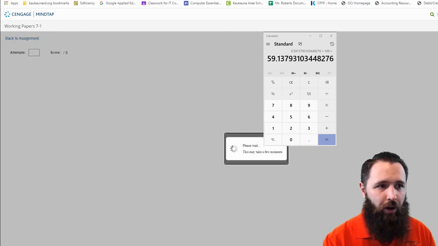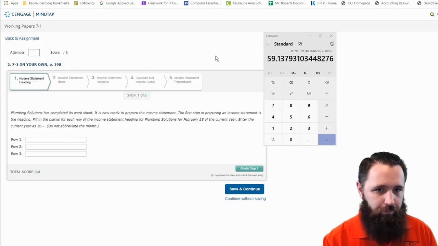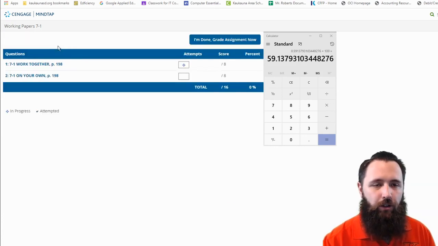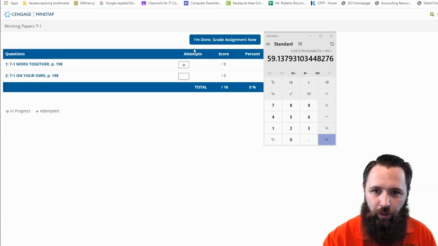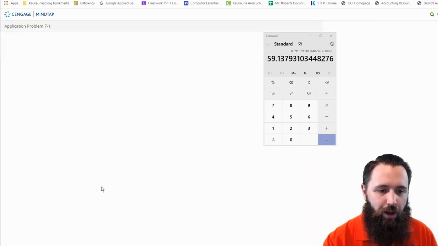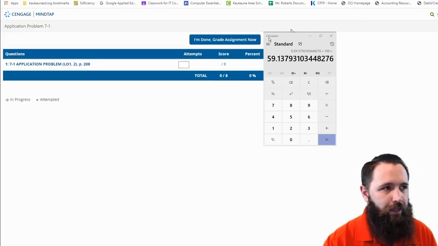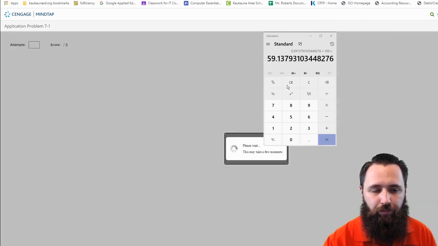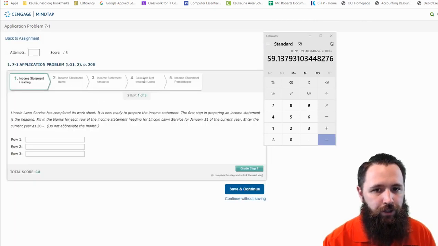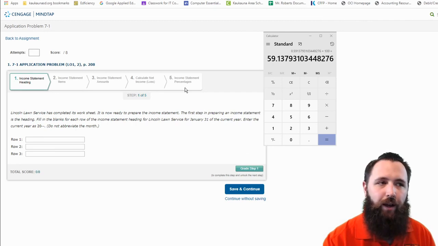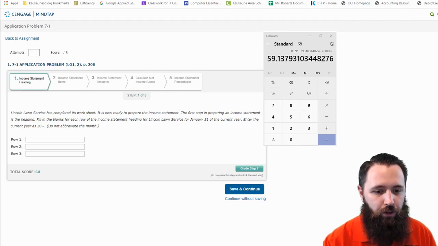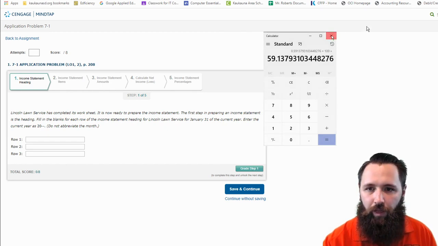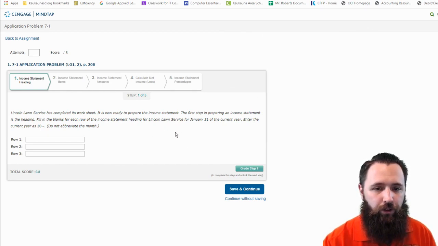If we continue on a little bit here, you see that the on your own is going to be the same thing, make sure that you're looking for a net loss as well when you're going through that, okay? And then let's just look at the application problem, make sure it's the same. I'm pretty positive it is, but it's asking you to do the exact same stuff, okay? So just a good amount of practice as we continue going through this unit.